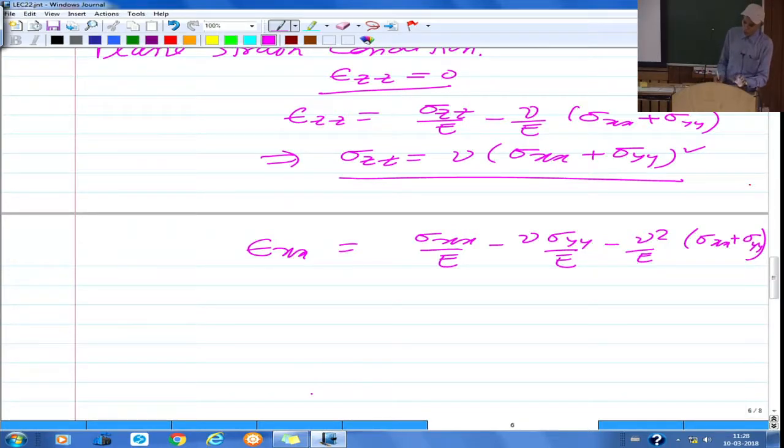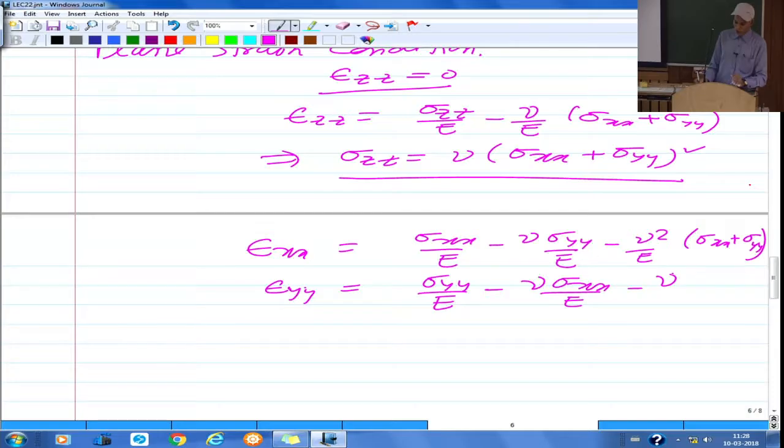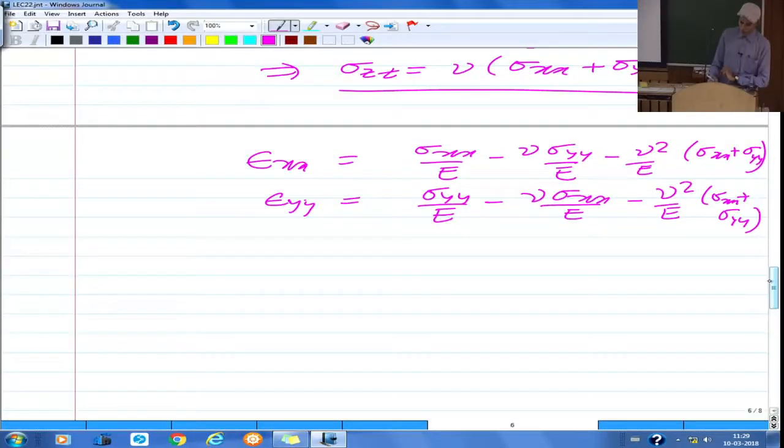Sigma zz is nu times sigma xx plus sigma yy, and epsilon yy is equal to sigma yy upon E minus nu times sigma xx upon E, and minus nu upon E times sigma zz, which is subsequently this, so this becomes sigma xx plus sigma yy. And again, now I can express, using these two equations, sigma xx and sigma yy in terms of epsilon xx and epsilon yy, right?